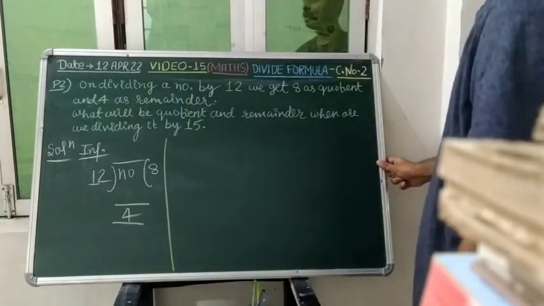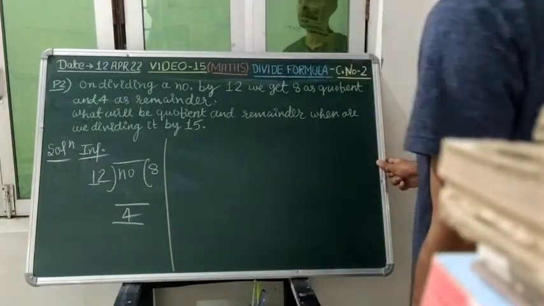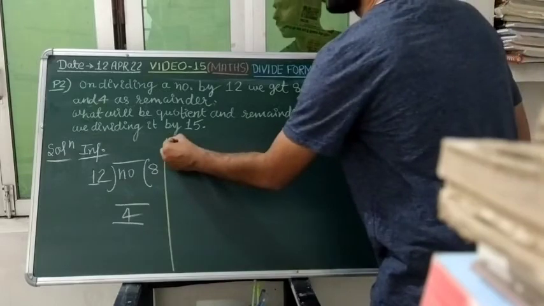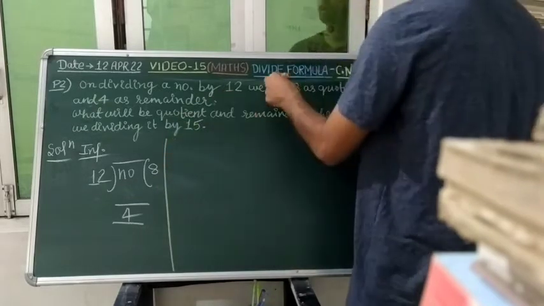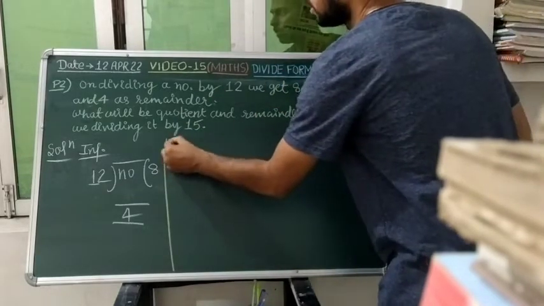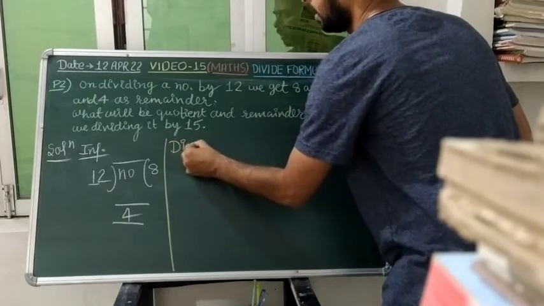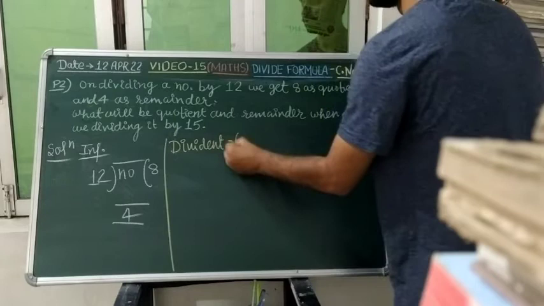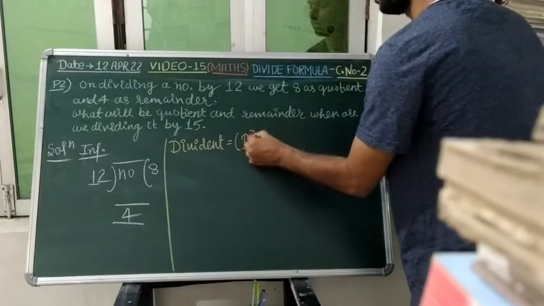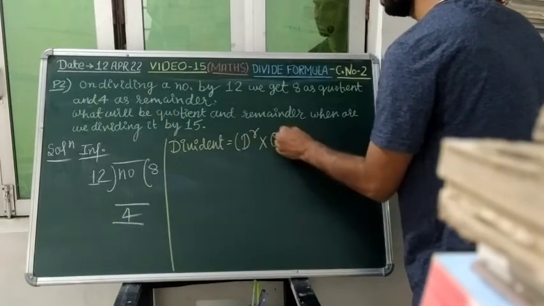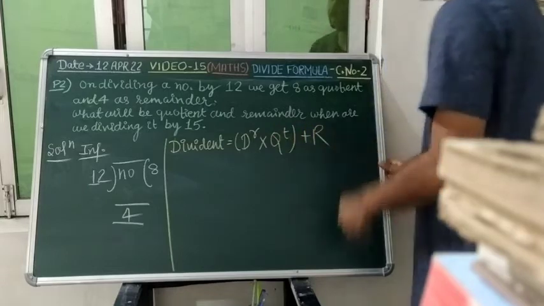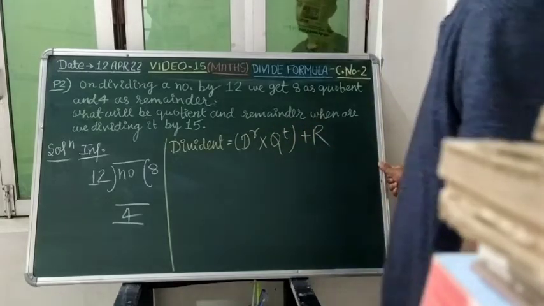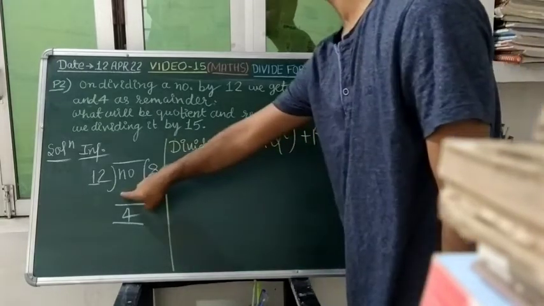So for finding the number, we know that our formula of division is dividend equals divisor into quotient plus remainder. And in this formula, you will put the information.